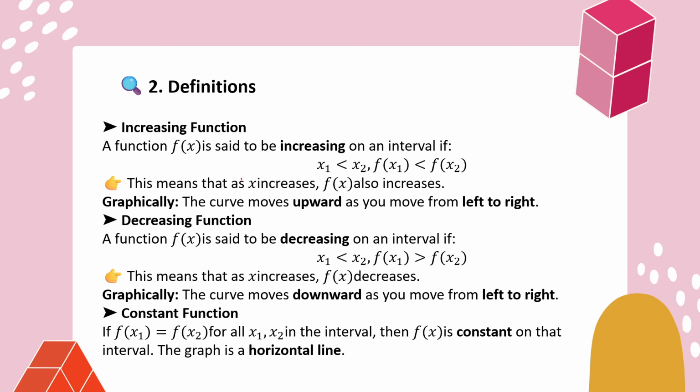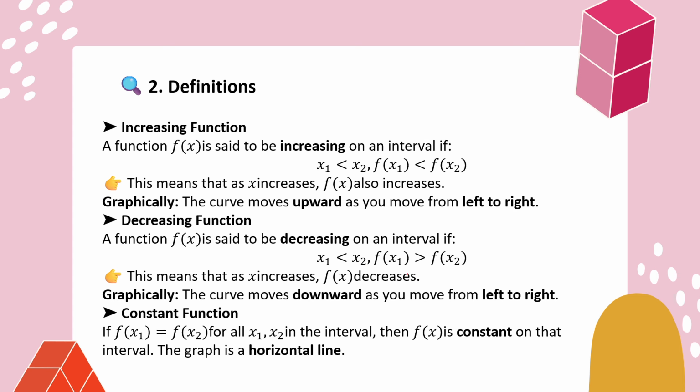So we have here the decreasing function. What do we mean by a decreasing function? A function f of x is said to be decreasing on the interval if, when x sub 1 is lesser than x sub 2, the function at x sub 1 is greater than the function at x sub 2.